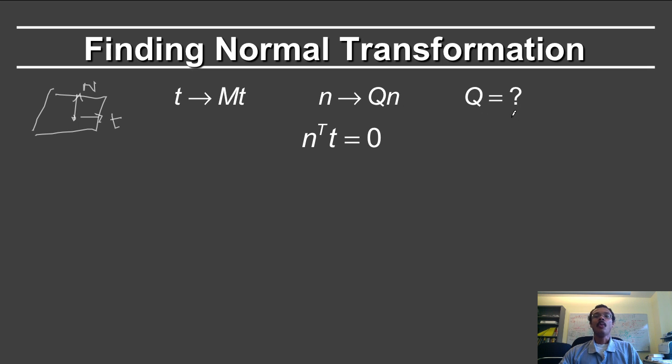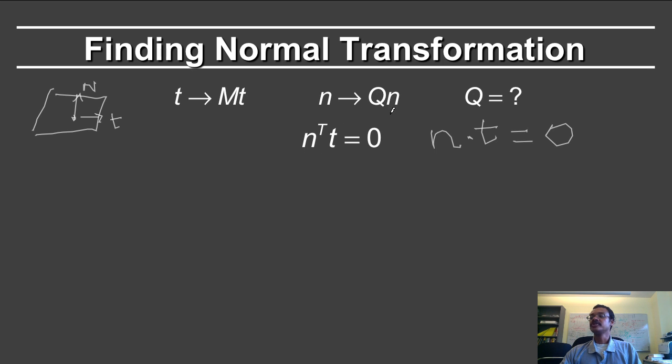One of the important things we know is that the normal has to be at 90 degrees to the tangents, so its dot product with respect to the tangents has to be equal to 0. This is the basic definition of a plane, or the definition of normals. So n dot t has to be equal to 0. Now we want to solve these equations and find what the matrix Q is. But this is the condition, n transpose t is equal to 0.